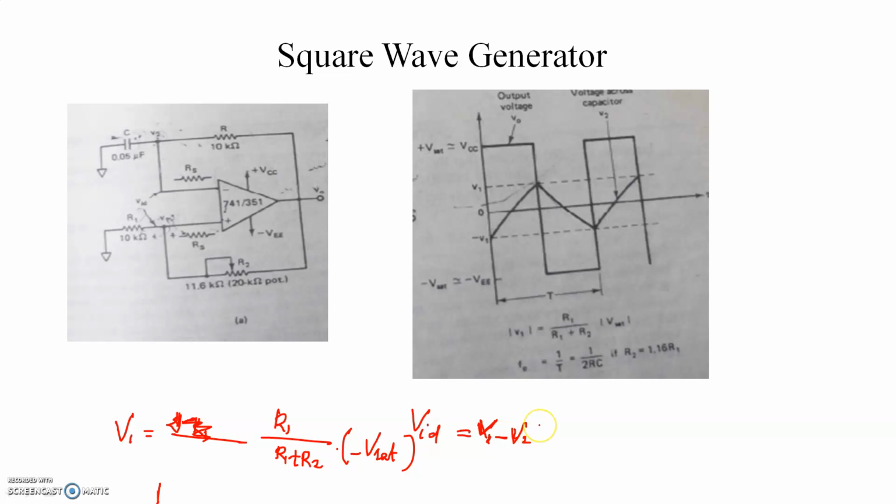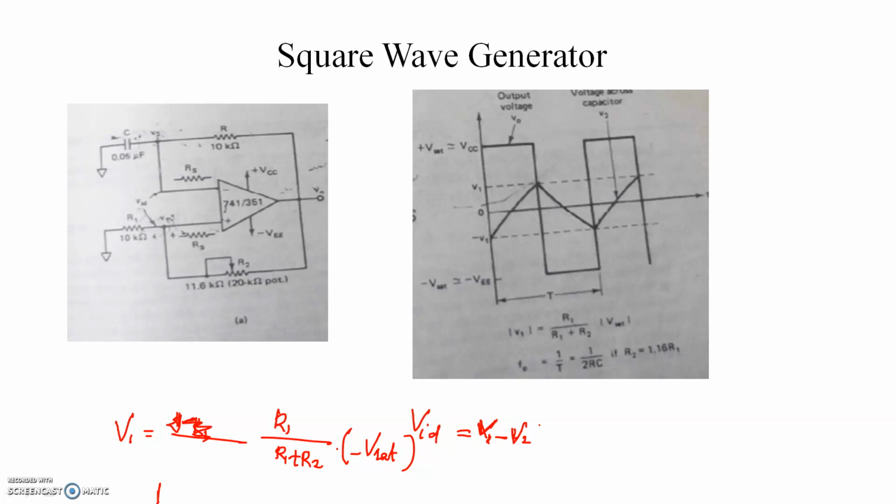The output remains in negative saturation until the capacitor C discharges and then charges to a negative voltage slightly higher than minus V1. So when the output voltage becomes negative saturation, the capacitor begins to discharge.